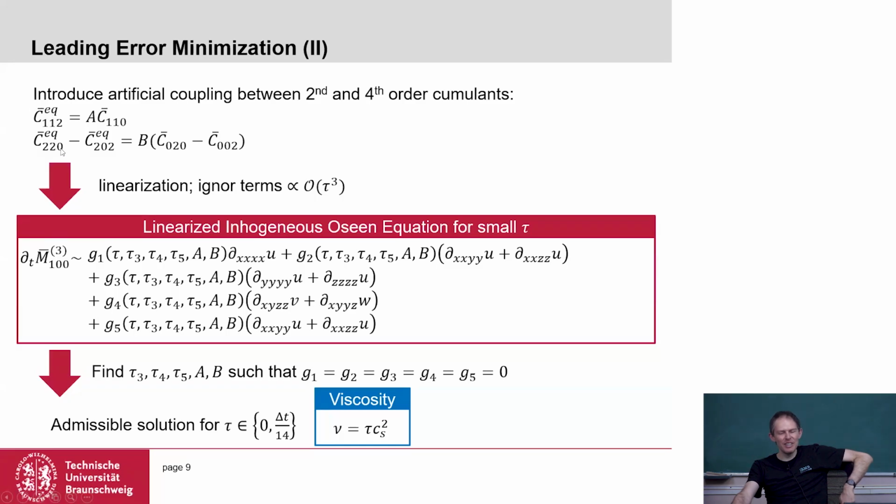manipulate the equilibrium functions of these first order cumulants somewhat. I told you that their equilibrium is supposed to be 0. But I decided I can squeeze a parameter into this so that they are not 0. This makes the entire thing anisotropic.